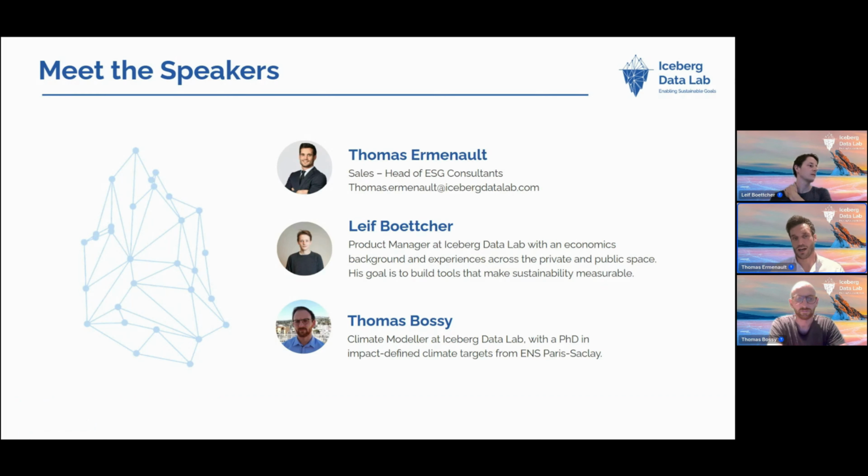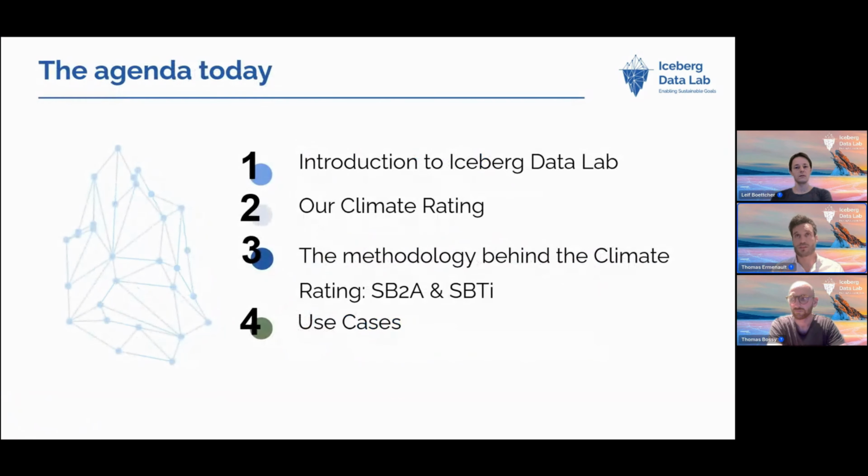So why did we create this indicator? We will explain to you, but we are actually using the SBTi within our indicator. SBTi is a global organization. It was founded in 2015 by a consortium of organizations, CDP, the UN Global Compact, the WWF, and it helps financial institutions set greenhouse gas emissions reduction targets.